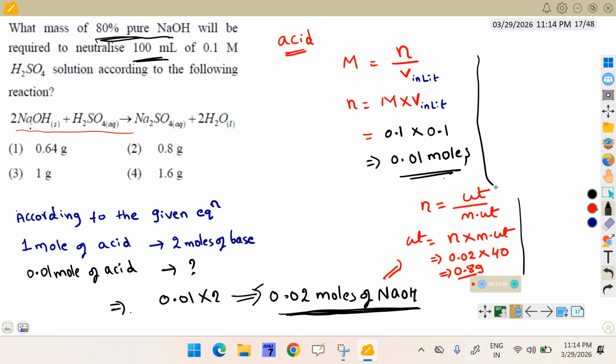Then otherwise use this formula: total mass of sample is equals to mass of pure sample by given percentage.